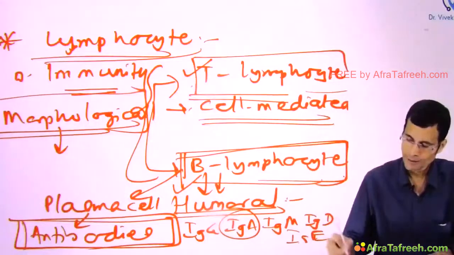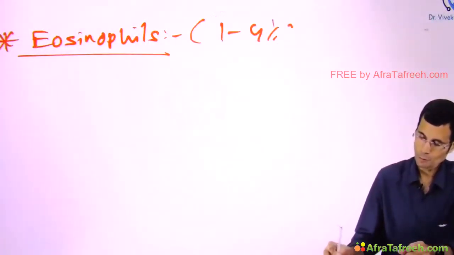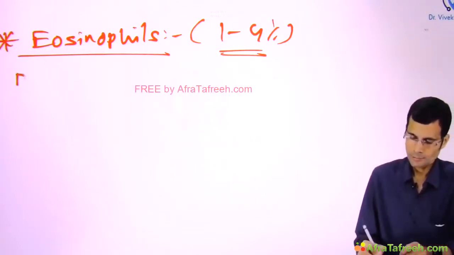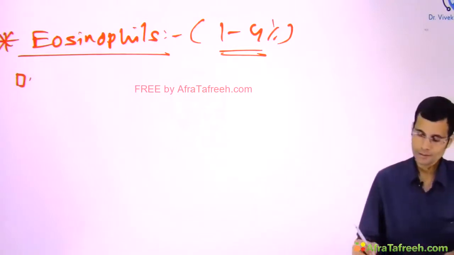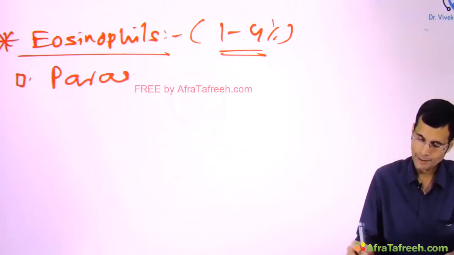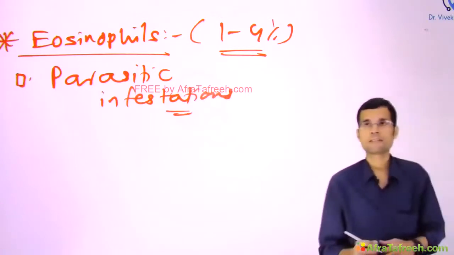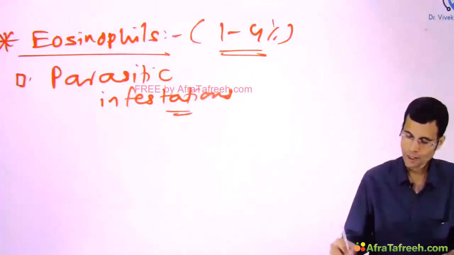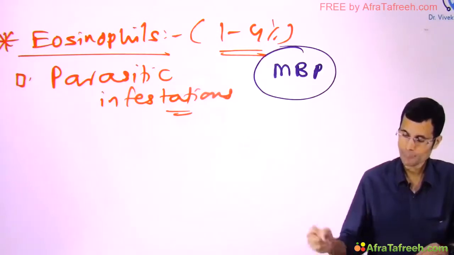That's the lymphocyte. Next, WBC is eosinophils, about 1 to 4% in the circulation. Eosinophil count is known to increase in 2 conditions: the parasitic infestations. Why it increases in these parasitic or worm infestations is because eosinophil granules have a protein called major basic protein.